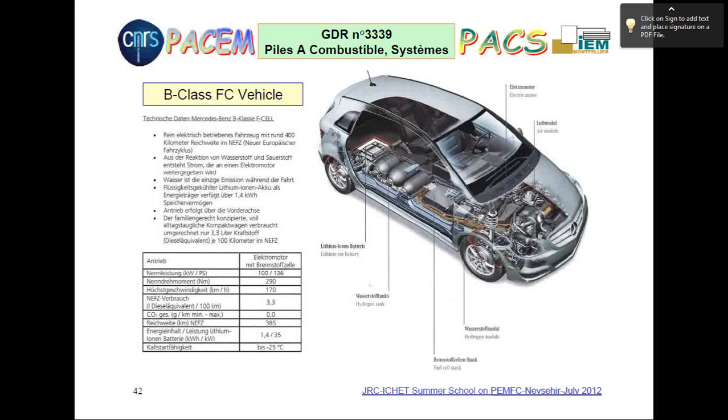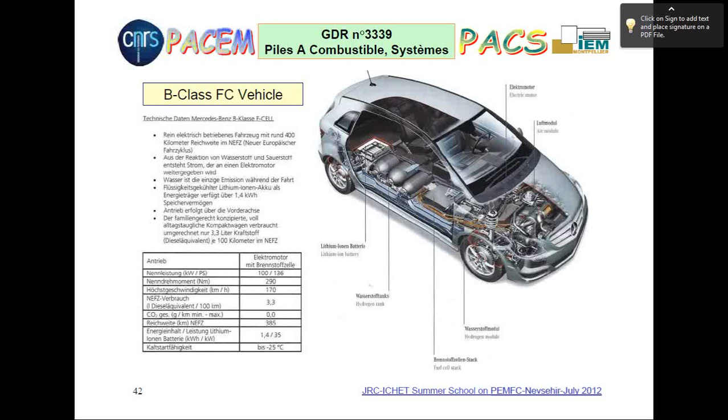Okay, but in the fuel cell car, the power of the lithium-ion battery, for example, is small. I think it's 15 kilowatt or less, and the fuel cell could be 80 kilowatt. So the main source of energy comes from the fuel cell, from hydrogen. But you need the battery for what?